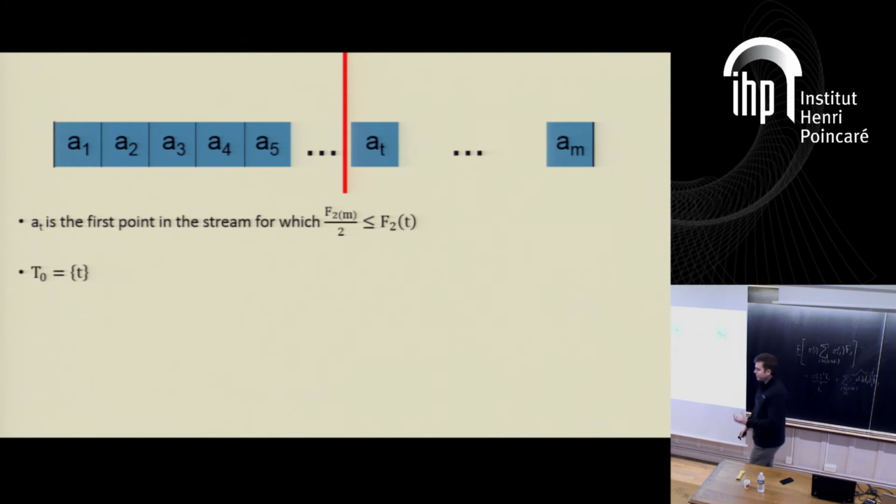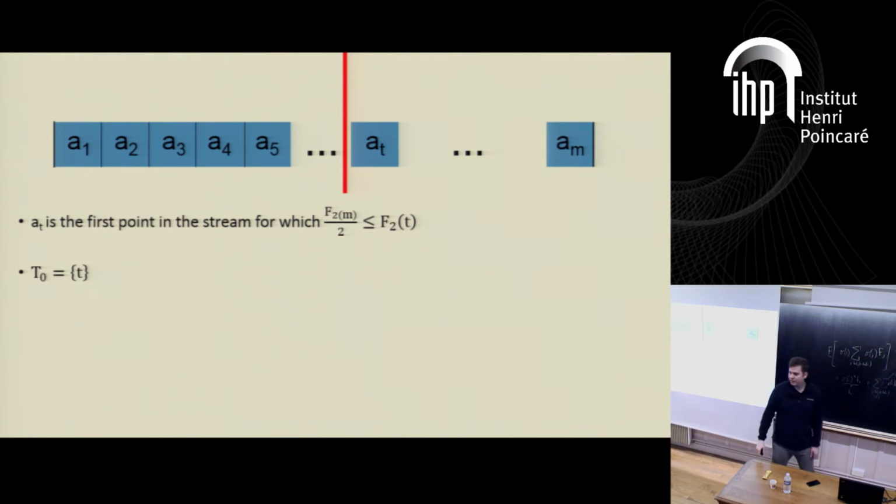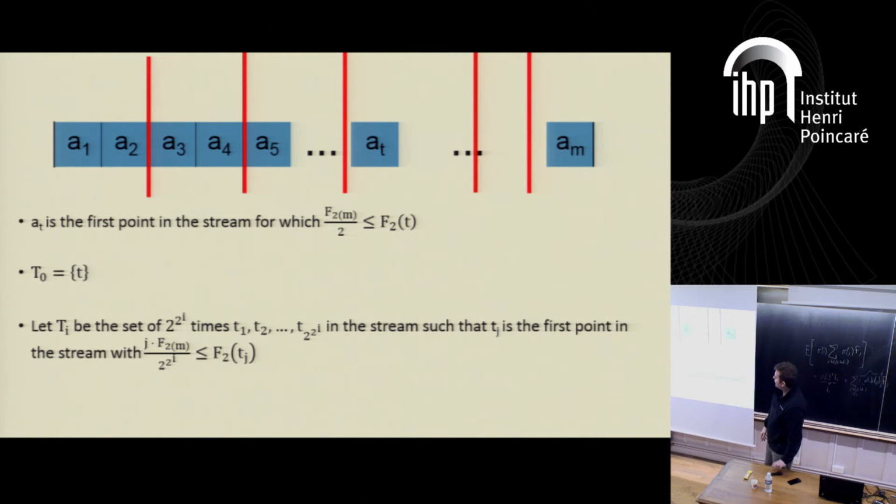We let our base set, T sub 0, be that index t. And now T_i is defined as follows. So this was T0. We're going to partition the stream into 2 to the i pieces. The chaining inequality allows T_i to be as large as 2 to the i. Let's fully exploit that.